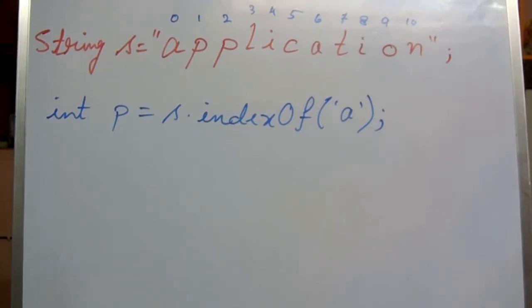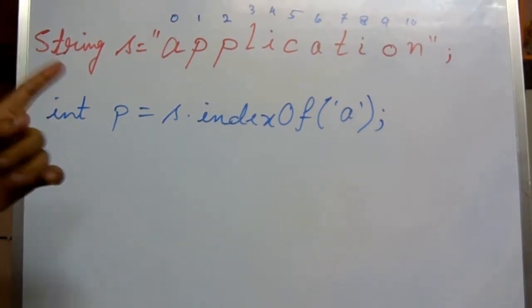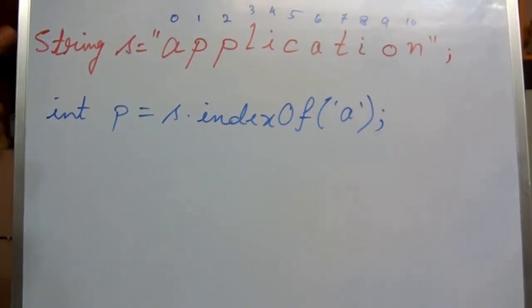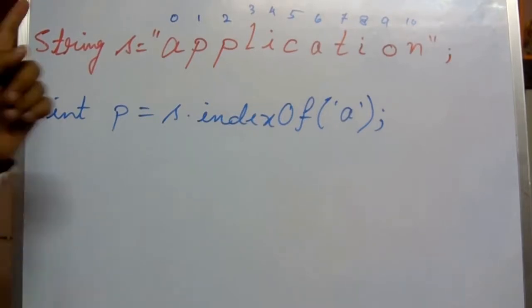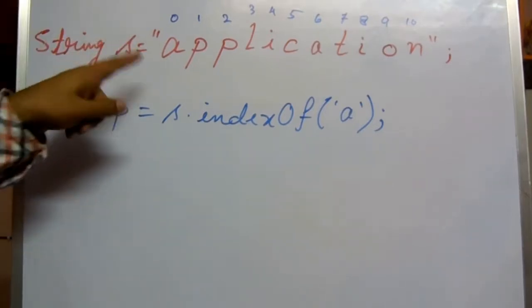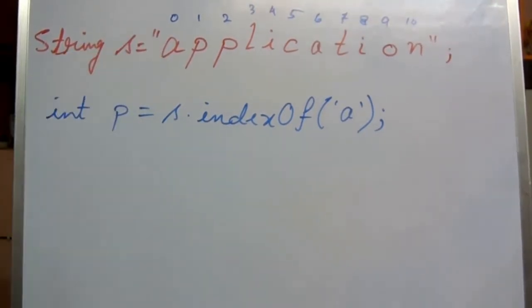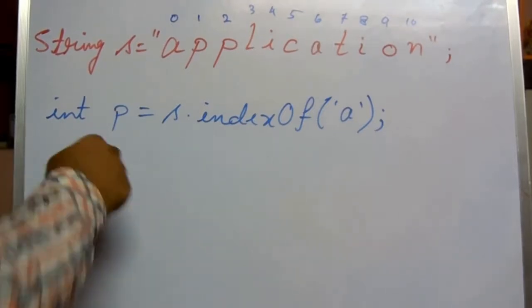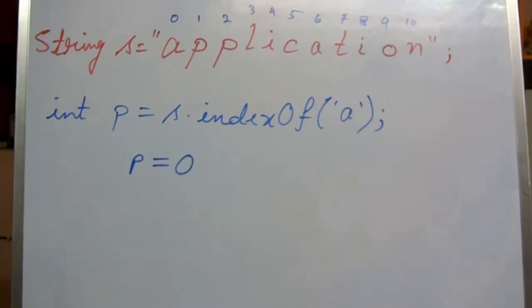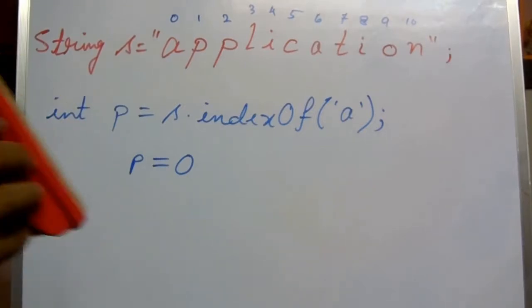On that occasion, you have to take only the index value of the first occurrence. So remember, indexOf always returns the first occurrence. Out of this application, the first a is present at position 0. So the value of p will be 0. Got it? So this is the indexOf method.